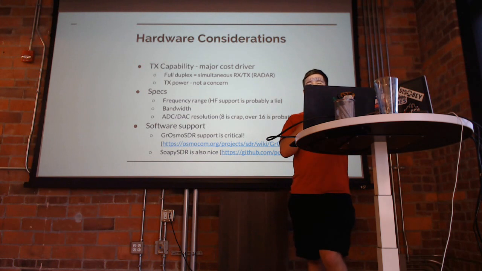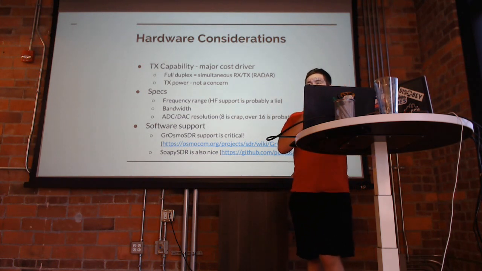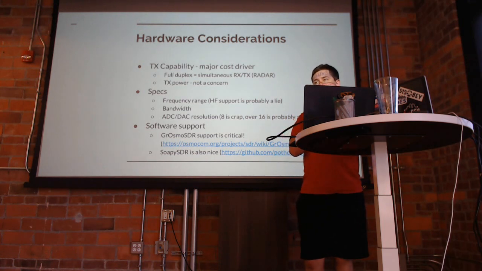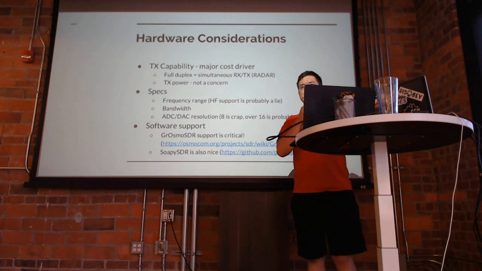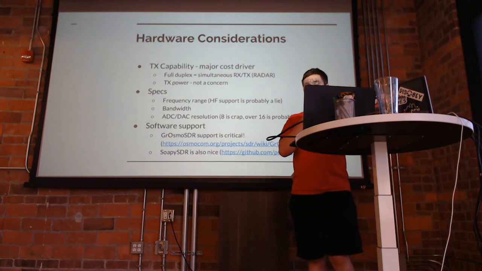And then the resolution of the analog to digital converter. 8-bit is a little crappy. 16 bits is the high end of what's actually practical. Some people go in and quote, yeah, it has a 24-bit ADC. But you need to do some insanely good engineering to actually get anything out of that.